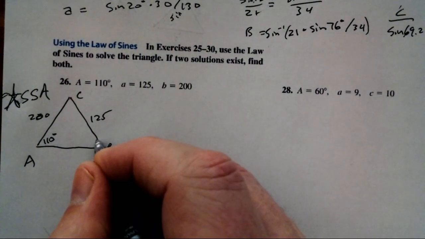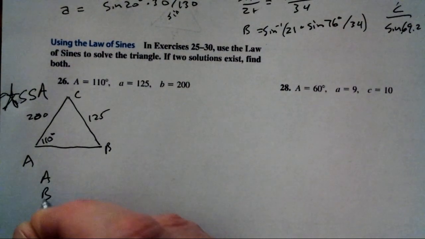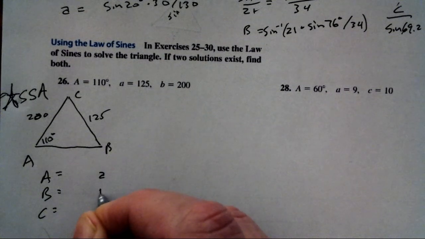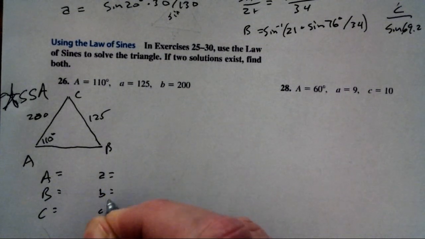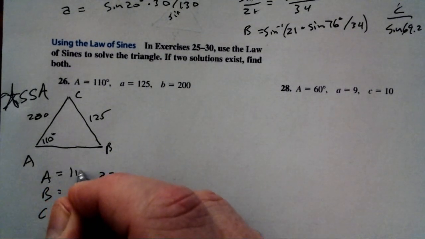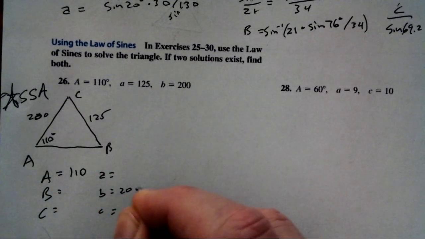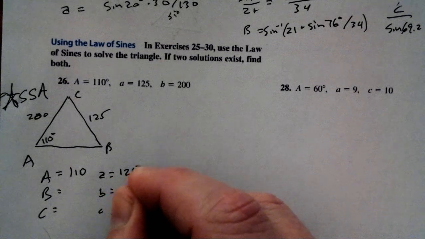So the first thing we're going to find, let's go A, B, C, small a, small b, small c. We've got angle A is 110. We've got side B is 200. We've got side A is 125.